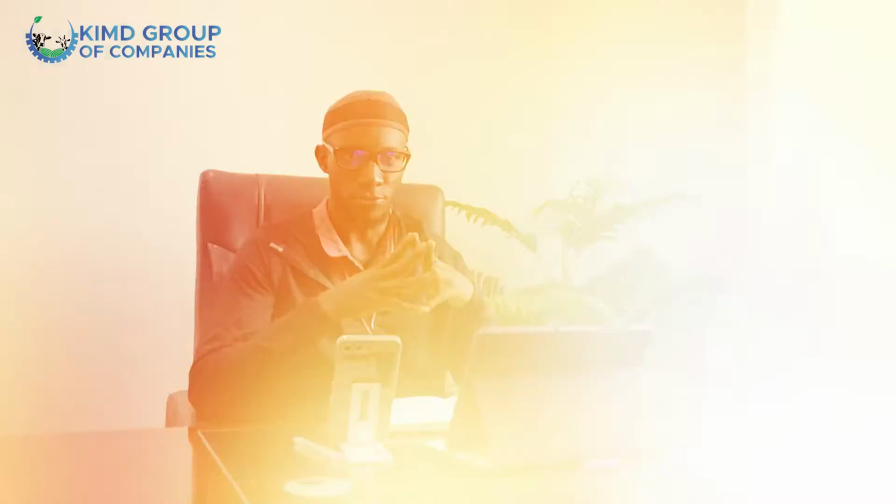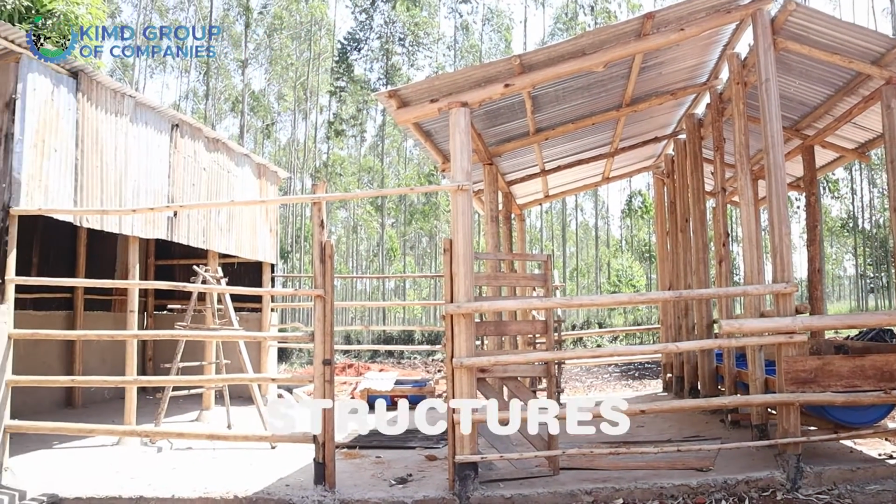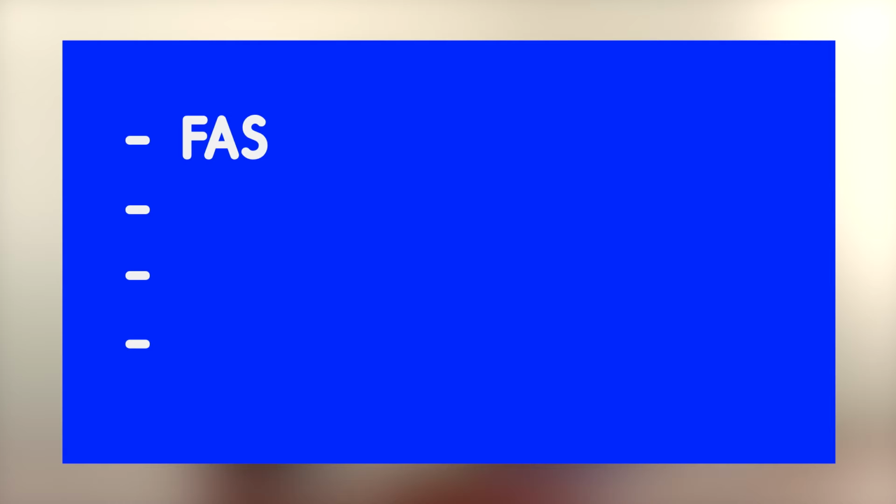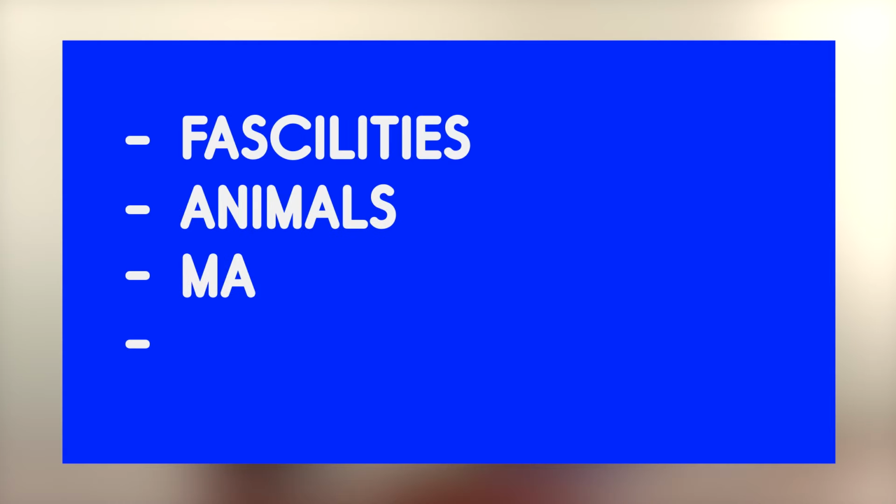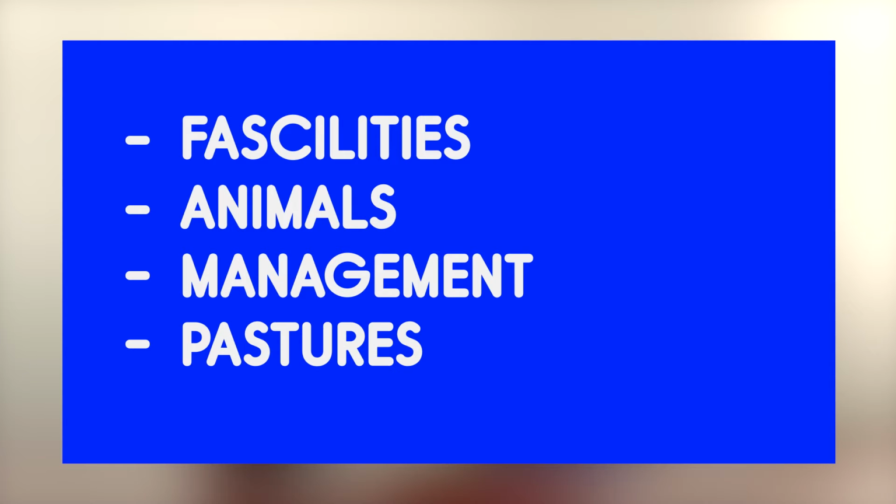There is no reason why you should put up a farm and build structures and fail to buy the animals to start up, because you need the facilities, the animals, the management, and the grass. Those are the 4 pillars that I usually stand on to make sure that we give you the best and you get the best out of it.